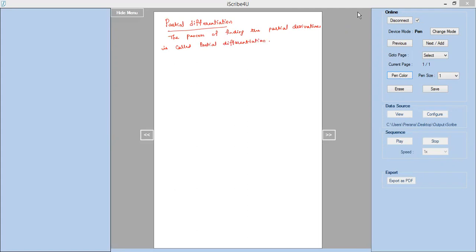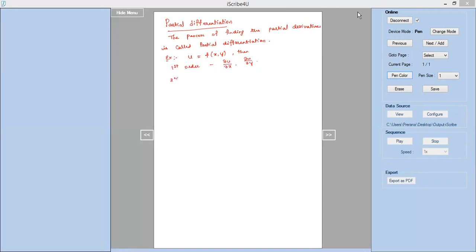Suppose I consider an example that u is a function of x and y. Then the first order partial derivatives are given by dou u by dou x, dou u by dou y.